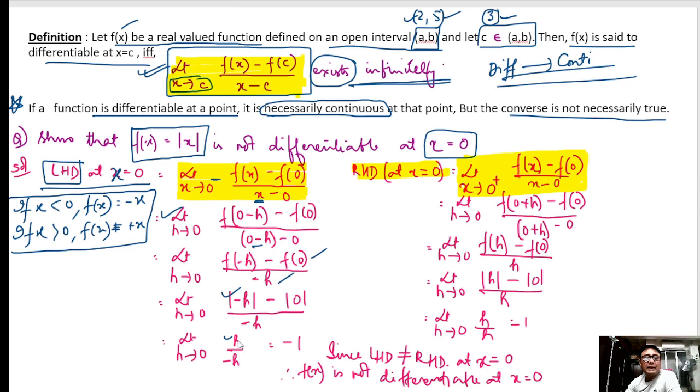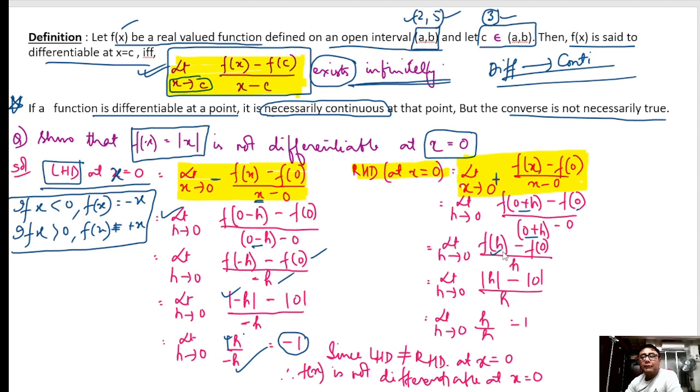So minus h mod of minus h is h, by minus h, which is minus 1. It is coming minus 1. Similarly, for the right hand limit, it is 0 plus, so I will write 0 plus h: f(0 plus h) minus f(0) by h. In place of x I am writing 0 plus h.